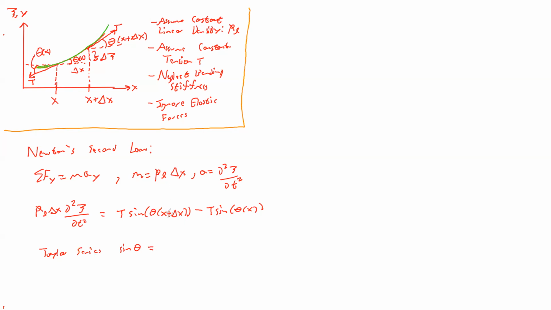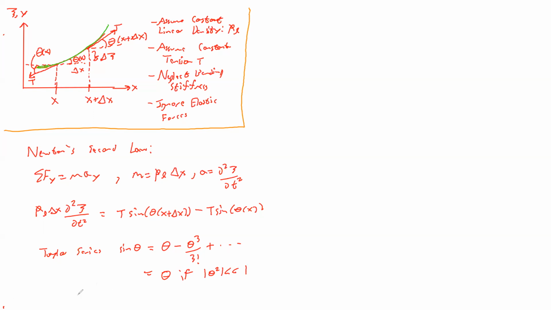Well, if you know your Taylor series expansion for sine, you know that it's theta minus theta cubed over 3 factorial plus a higher order term. And that's actually equal to theta if the absolute value of theta squared is much, much less than 1.